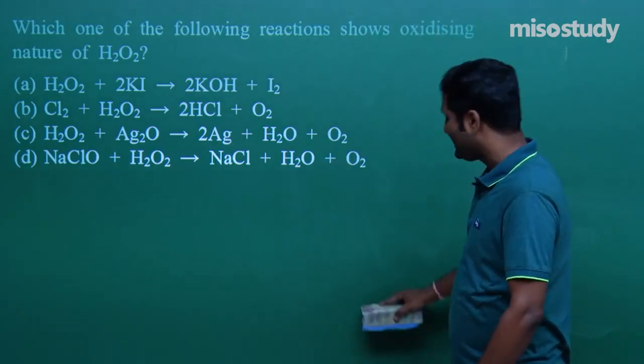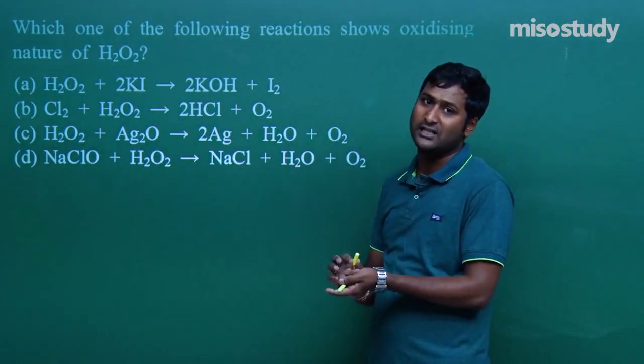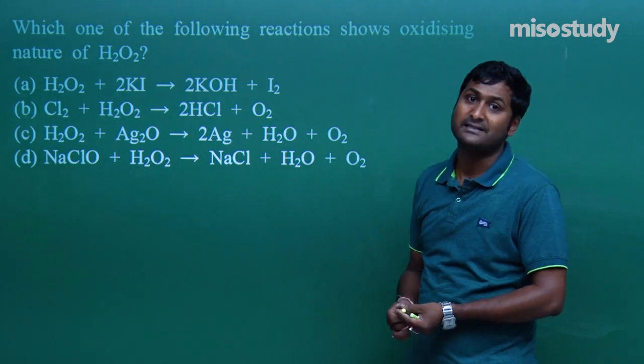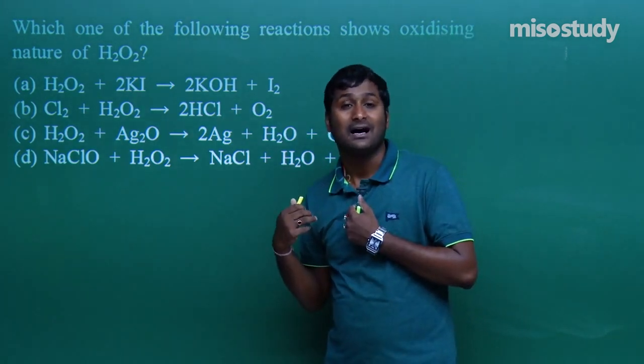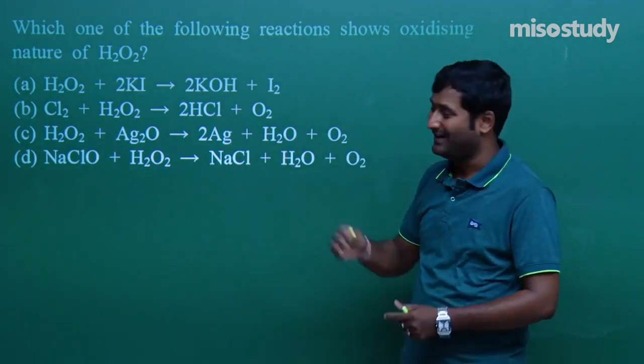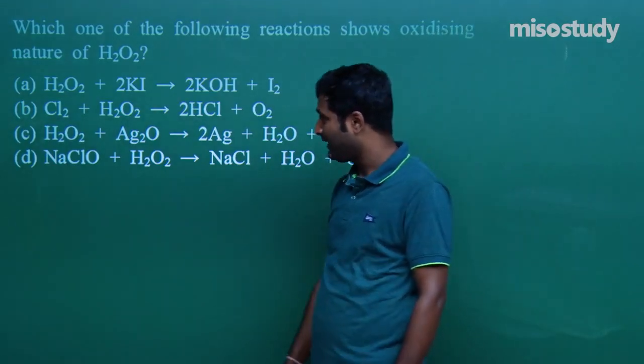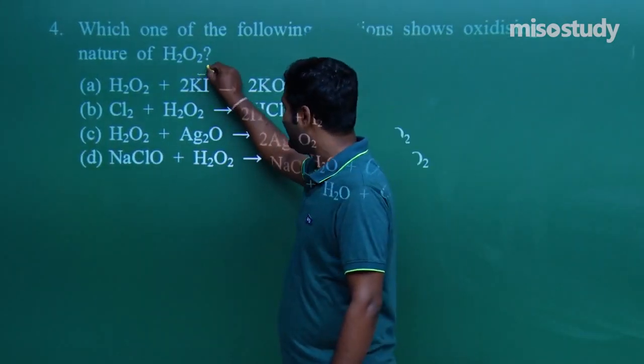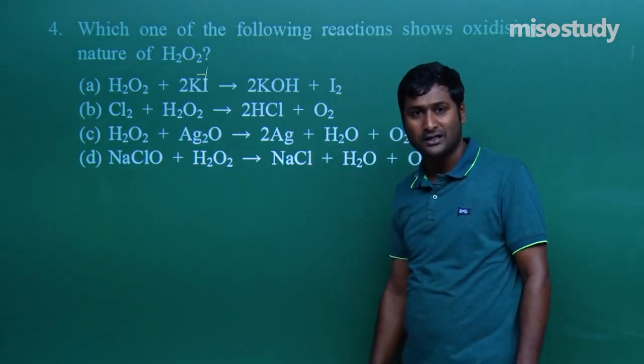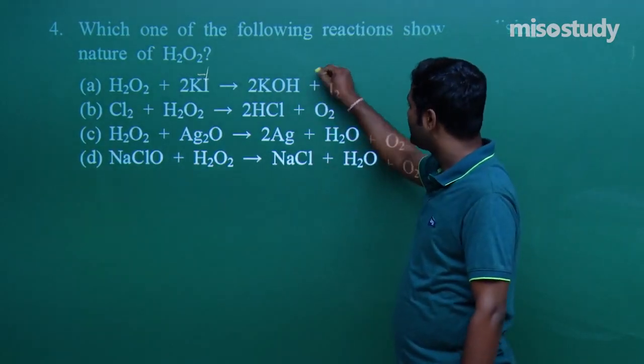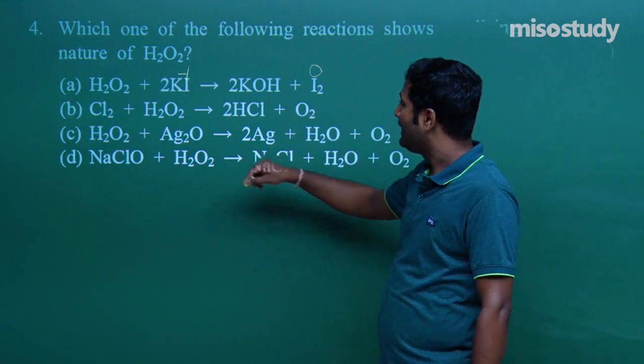But if there is an increment in oxidation state, then it behaves as a reducing agent. Now check out. Here I is -1 oxidation state and it forms 0, I2.